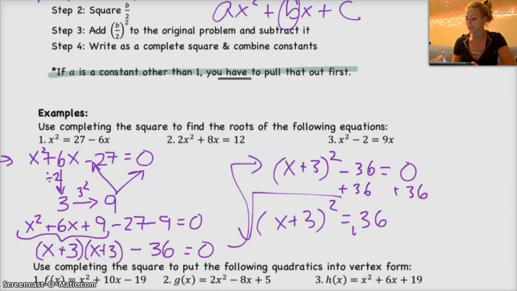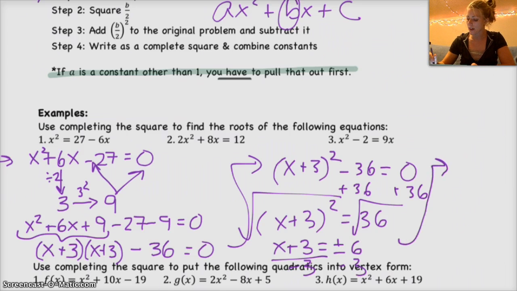Take the square root of both sides, and then I have x plus 3 equals, remember I took the square root of both sides, so it's plus or minus square root of 36, which is 6. So I end up with, I want to subtract 3 from both sides, so I get x equals negative 3 plus or minus 6.